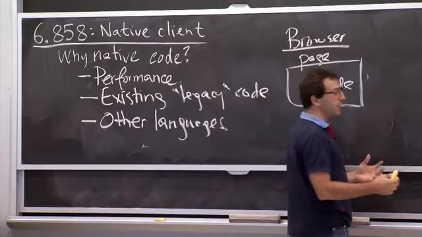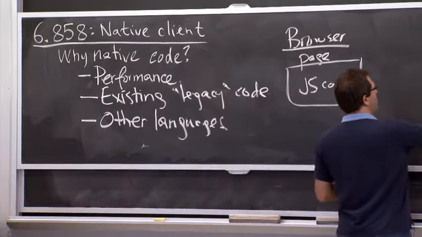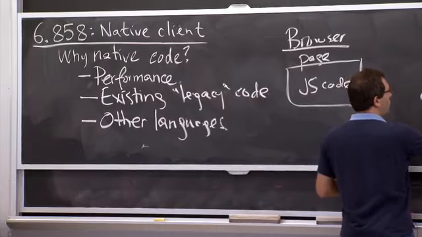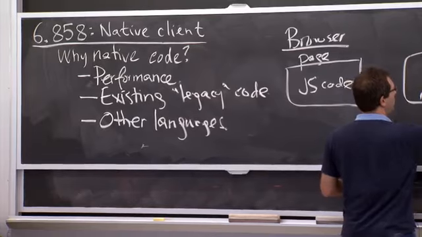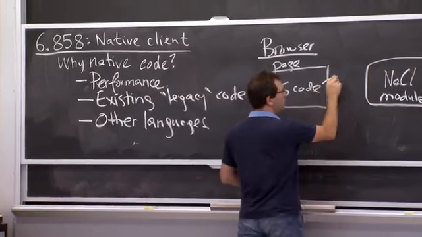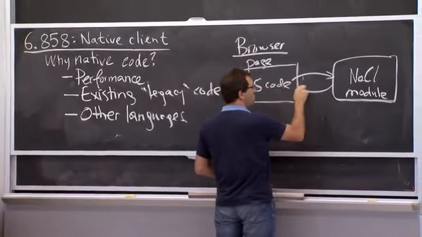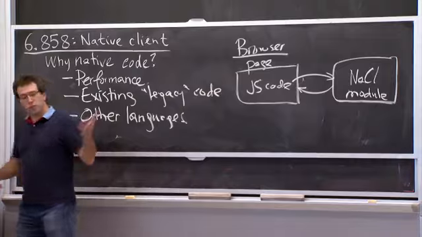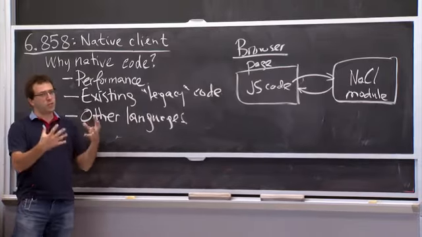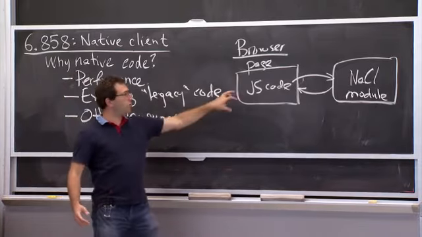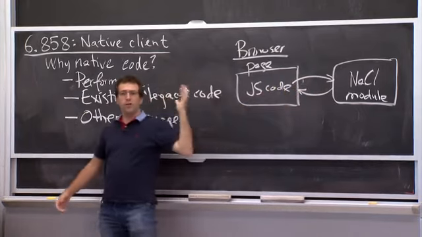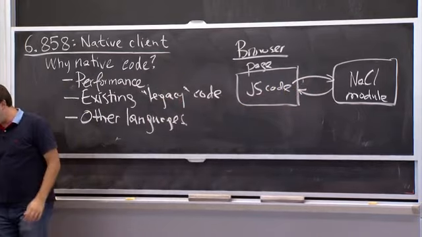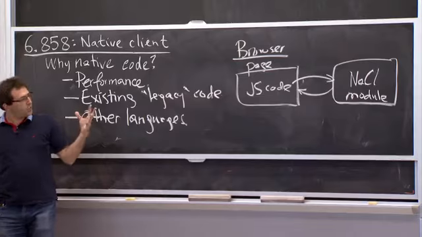But what Native Client allows you to do is to have this Native Client module running to the side in the browser as well. The JavaScript code can interact with the Native Client module and get responses back. What you see here in this web page is the little bit of JavaScript code that's necessary in Native Client to interact with the particular NaCl module that we're going to be running. And you can send messages to this module.